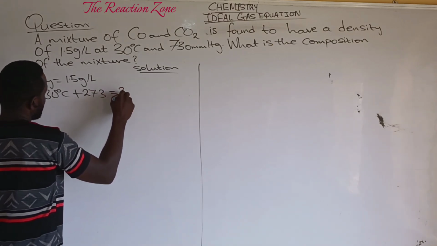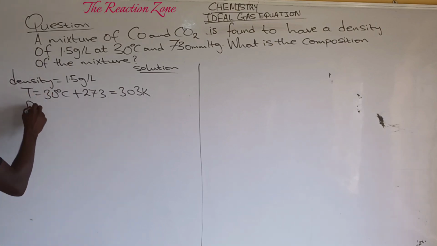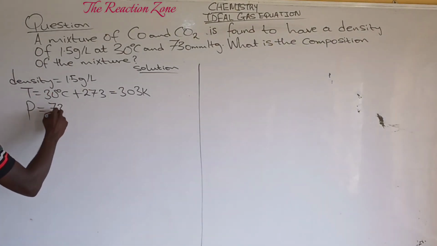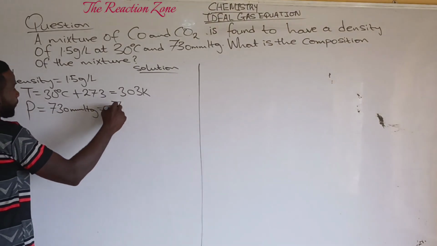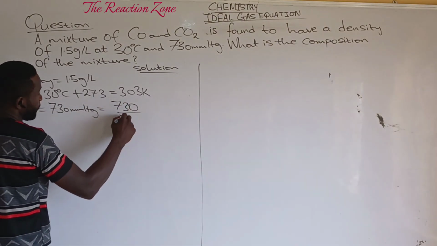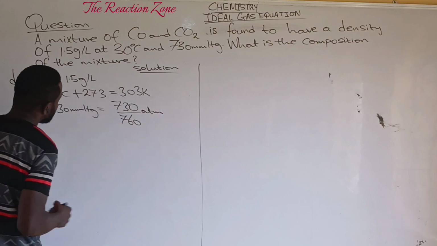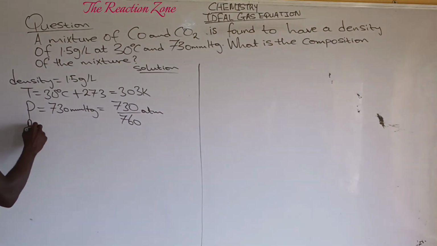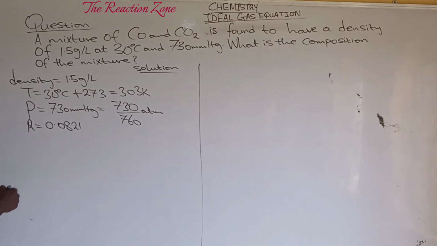And this is going to give us 303 Kelvin. Pressure is 730 millimeter mercury. To convert this to atmosphere, we divide by 760. So that was 730 over 760 atmosphere. The molar gas constant is going to be 0.0821. And we are looking for the molecular mass of the mixture.